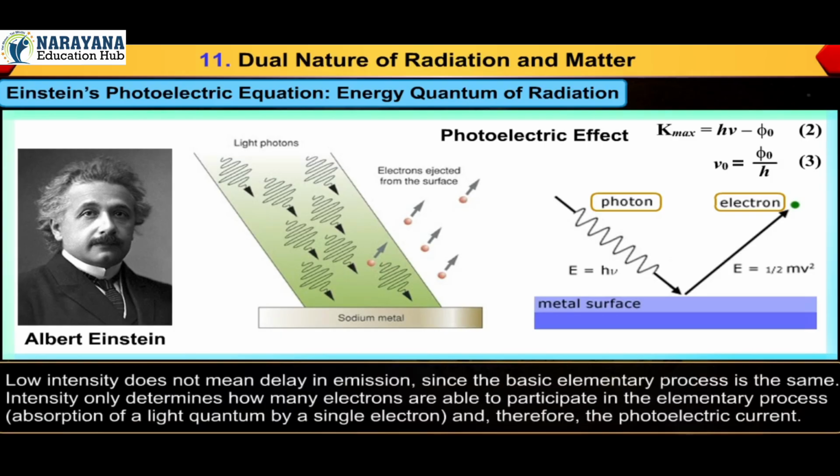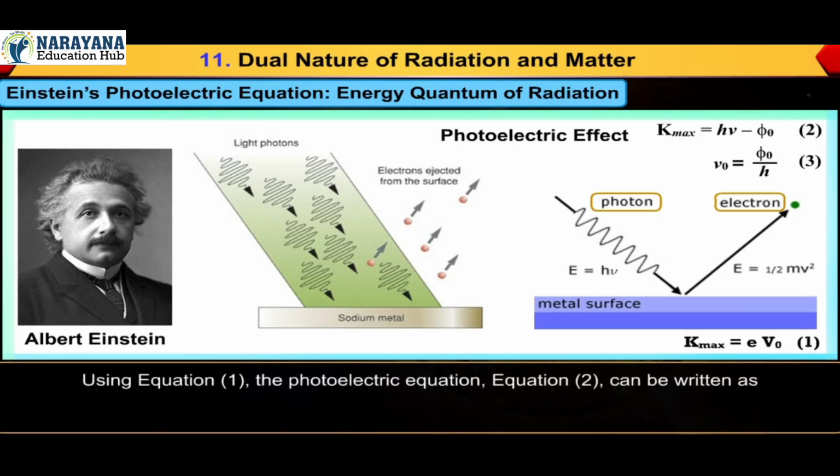Low intensity does not mean delay in emission. Since the basic elementary process is the same, intensity only determines how many electrons are able to participate in the elementary process, that is, absorption of a light quantum by a single electron, and therefore the photoelectric current.